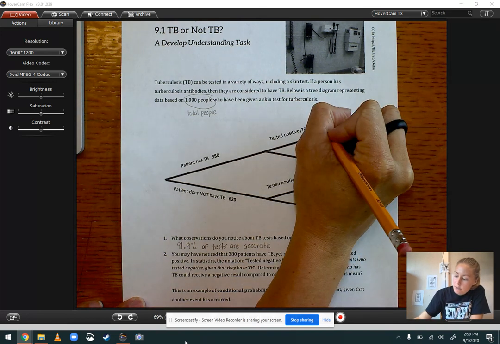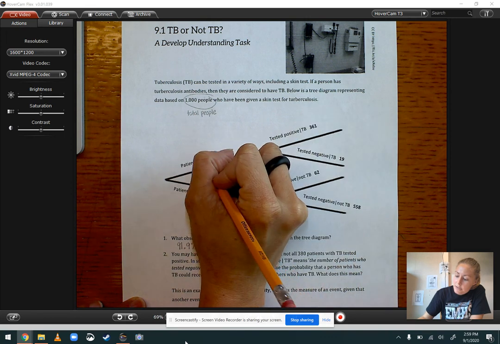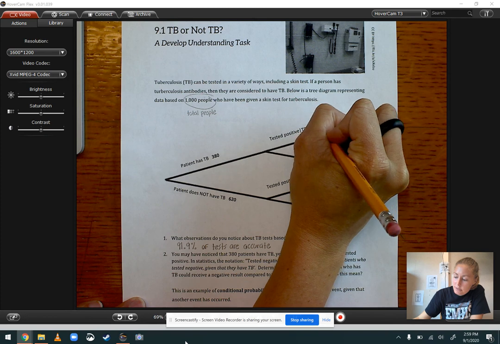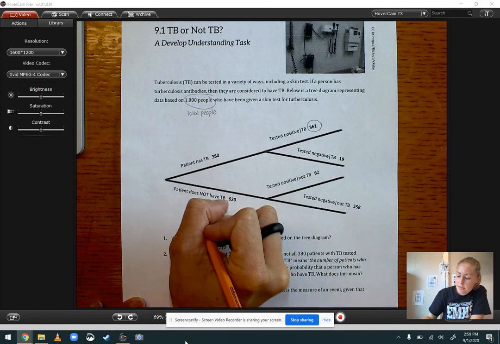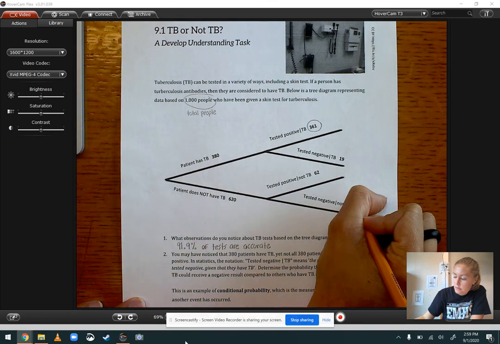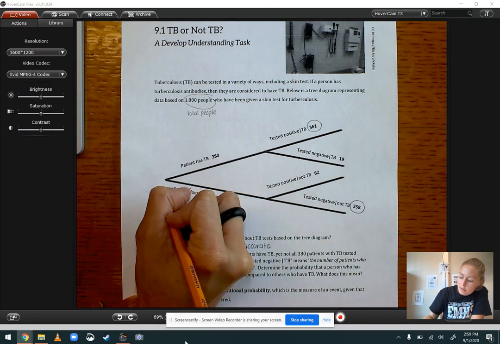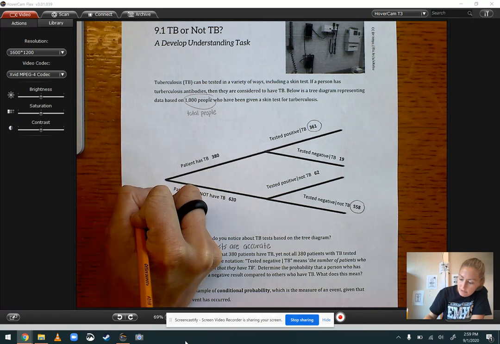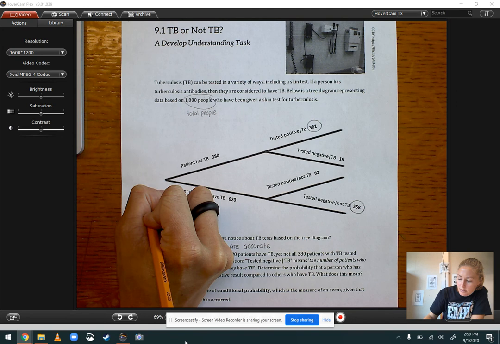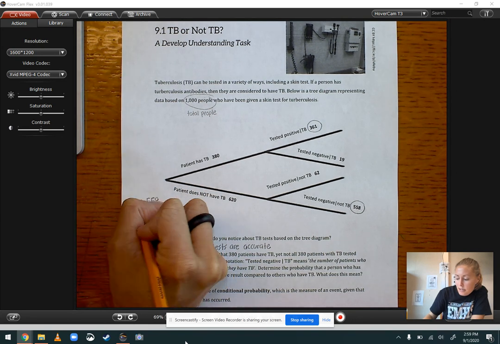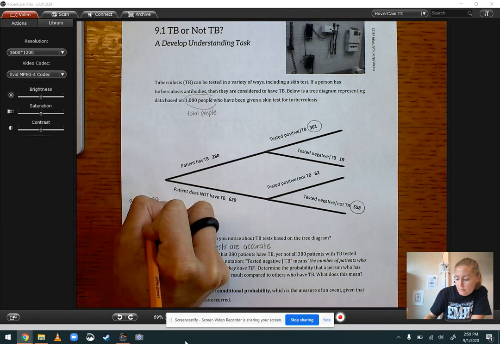I take the patients who have TB and tested positive, which is 361, and I take the patients who do not have TB and tested negative, and I'm going to add them. So 361 plus 558, and I'm going to divide that by 1,000.